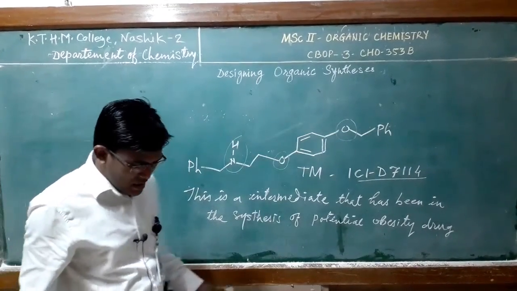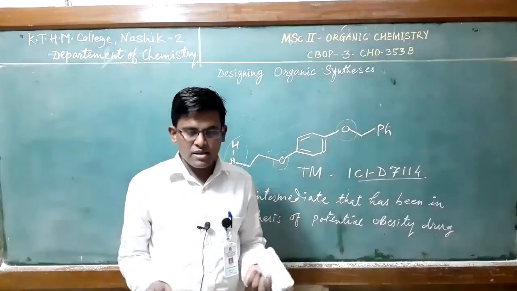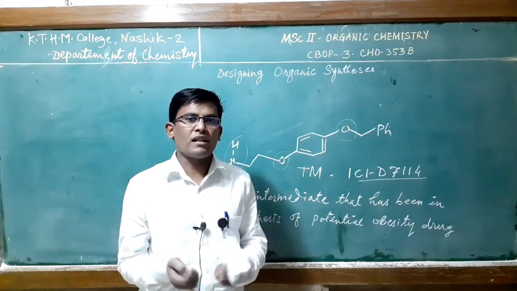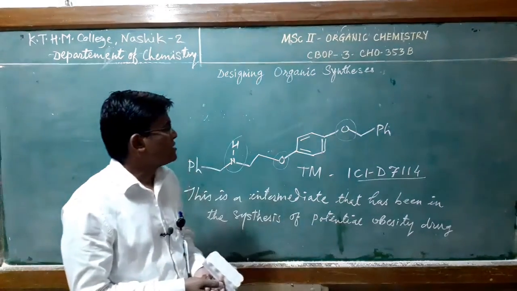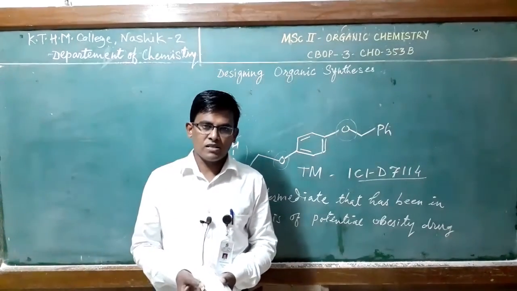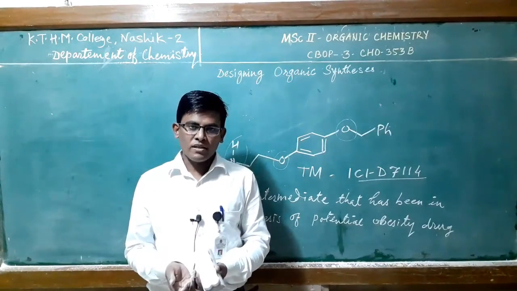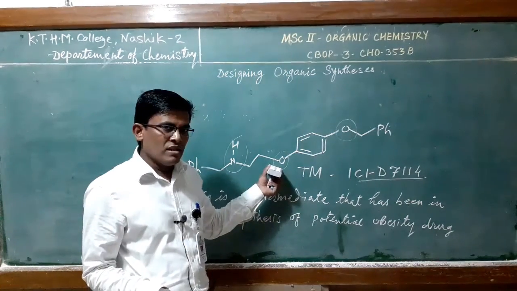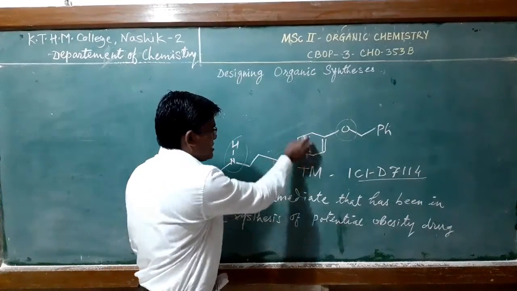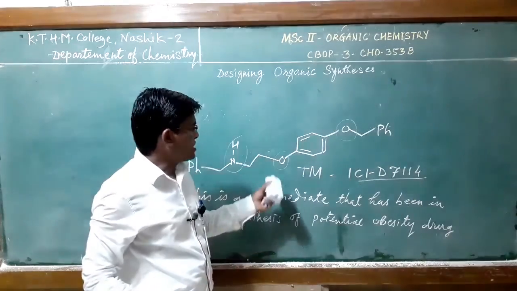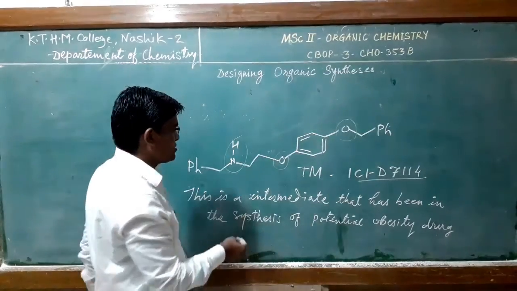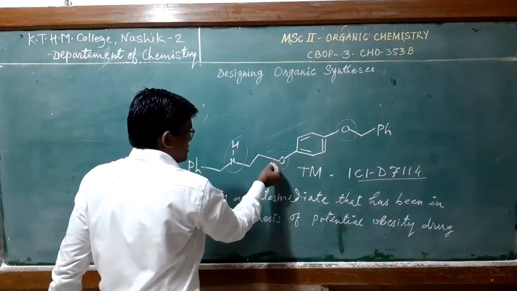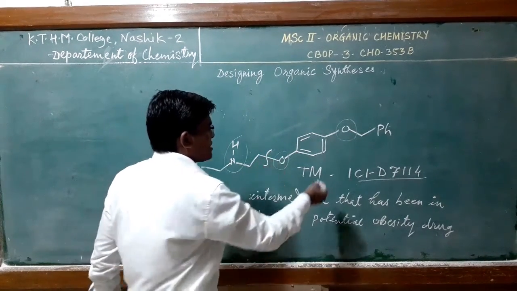Here we can apply guideline 1, since guideline 1 says that your disconnection must correspond to a known reliable reaction. Ether can be made by using phenoxide and this halide. So this is the reliable reaction. So we should break this bond and here also.